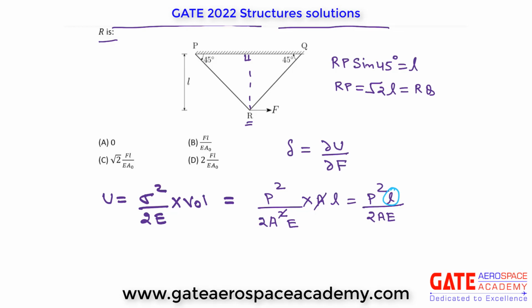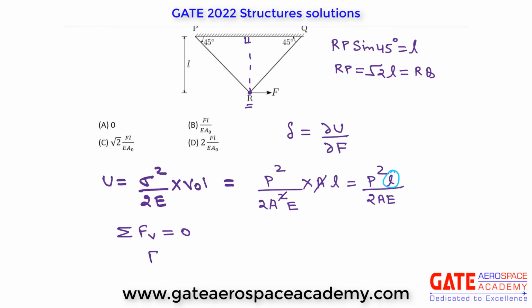Now let's find the force in these members. So how can we find it? Let's resolve the force in the vertical direction at point R here. If we resolve the force in the vertical direction, summation of vertical force is equal to 0. So force in RQ we will resolve vertically. This is 45 and this is also 45 degrees.